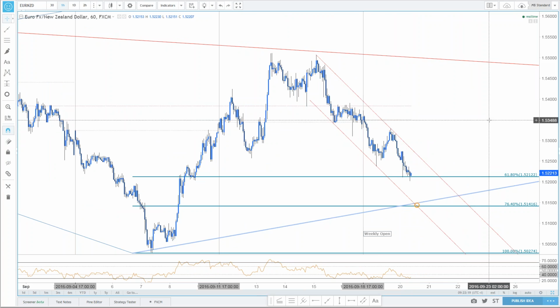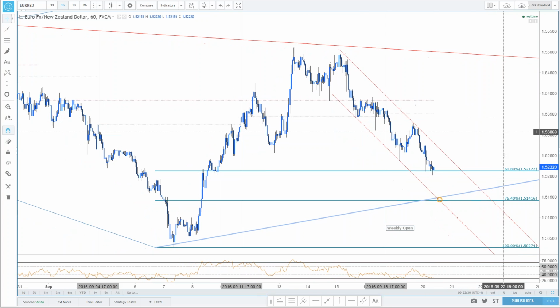And your weekly open comes in at 53.50. Monthly open, more important, is what I'd focus on, 53.80, as your initial target on a breakout of this near-term descending channel.